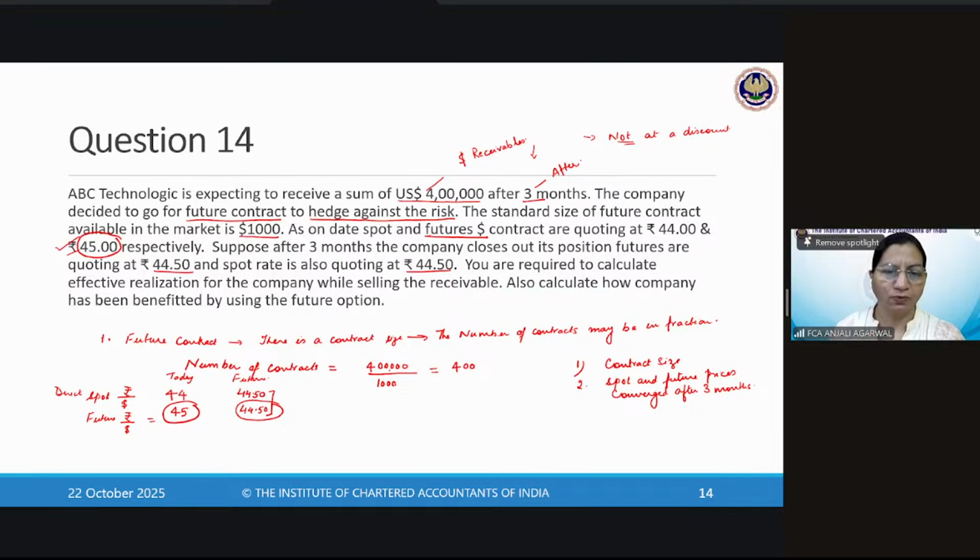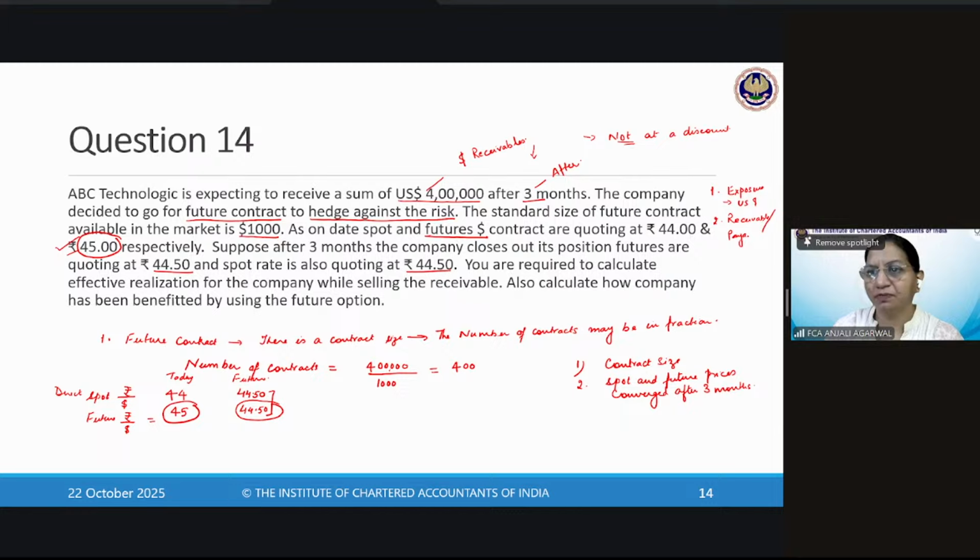So, what do we do in futures? What is the trick to do the questions on futures? Number one, identify the exposure. Here the exposure was in USD. Second, identify whether it was receivables or payables.